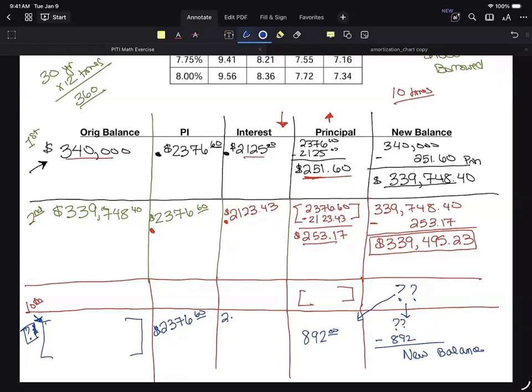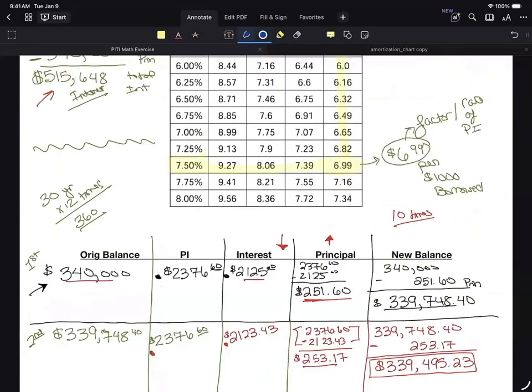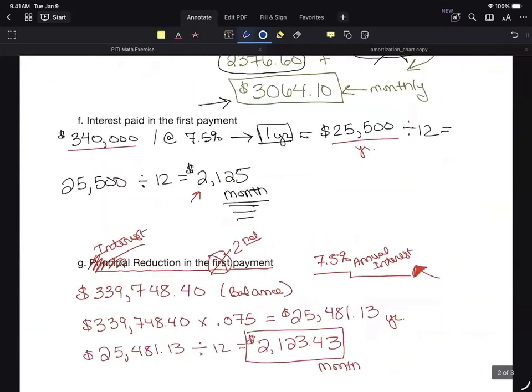So I'm going to subtract 892 from 2376.60, and that's going to give me 1484.60. That's our monthly interest. Well, let's rewind. 1484.60. Let's go back to this problem.